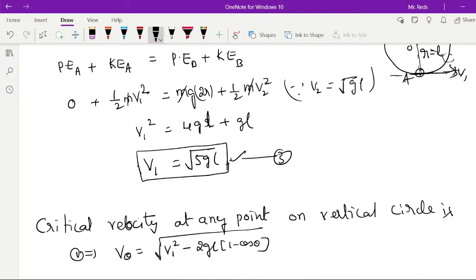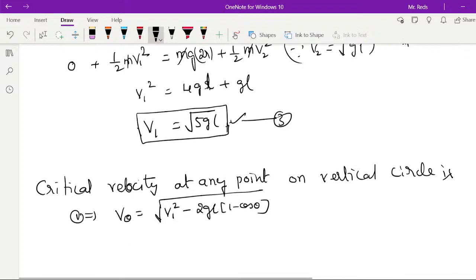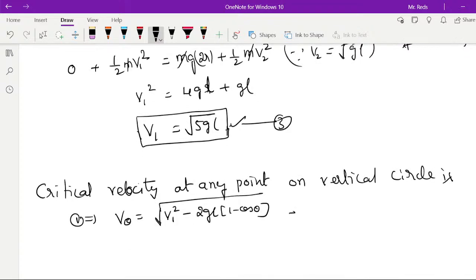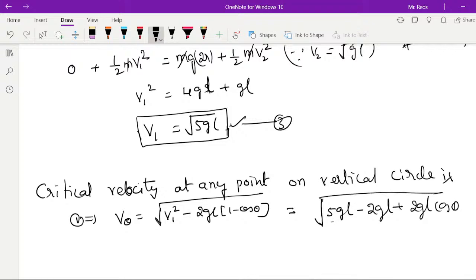Here v1 square is 5gl, so if you substitute this, you will get the square root of 5gl minus 2gl plus 2gl cos theta. So 5gl minus 2gl is 3gl.